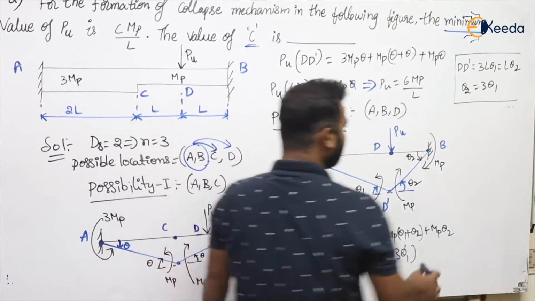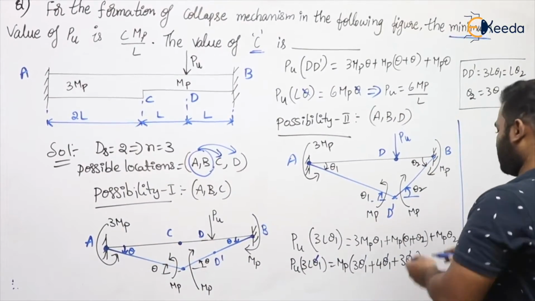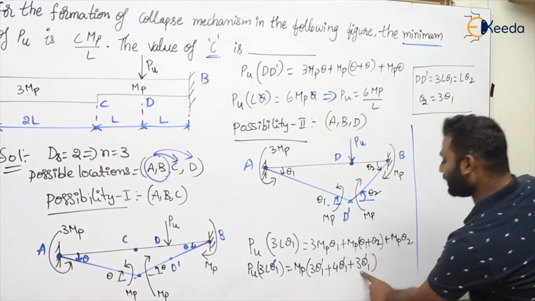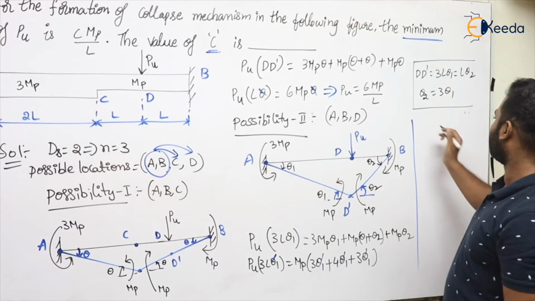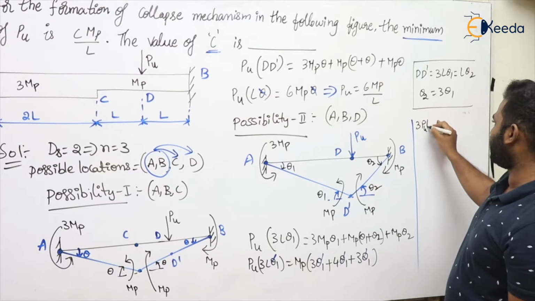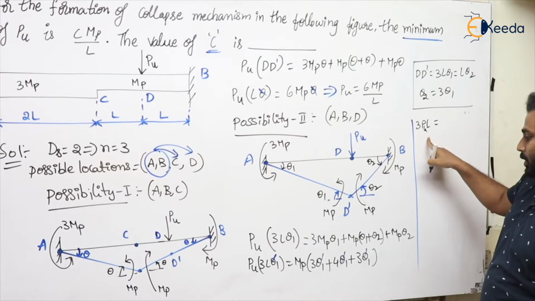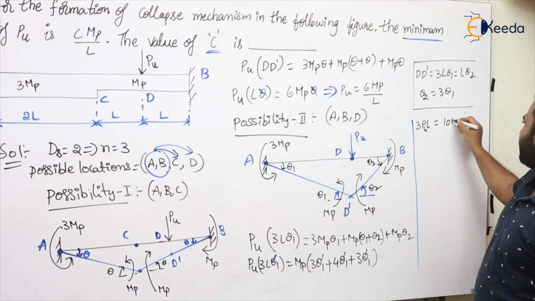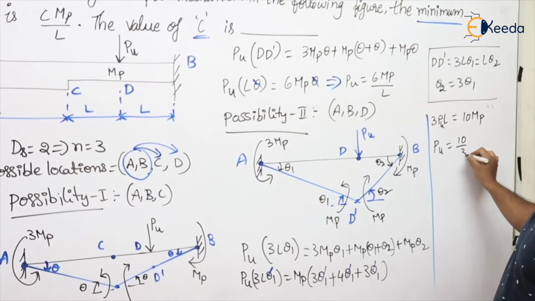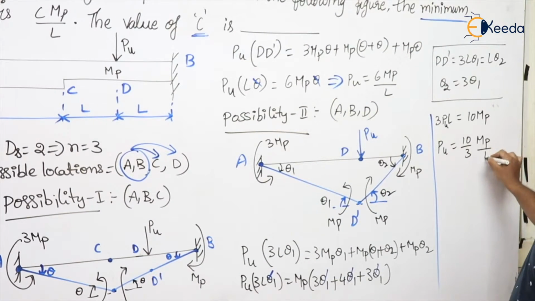What are the terms we are left with? 3 plus 4, 7. 7 plus 3 again, 10. So 3 PU L is equal to 10 MP. Now PU is equal to 10 by 3 MP by L.